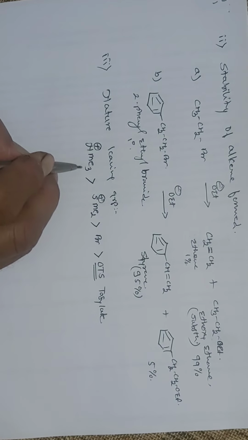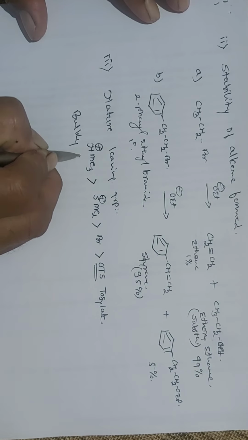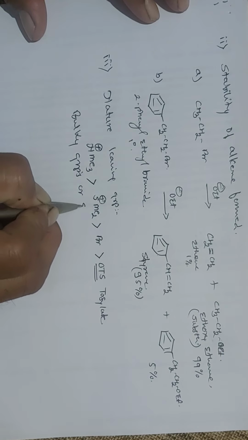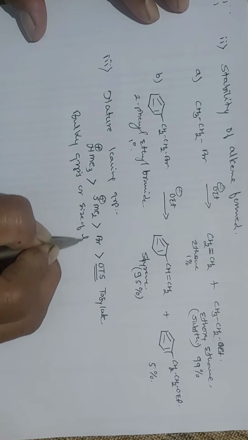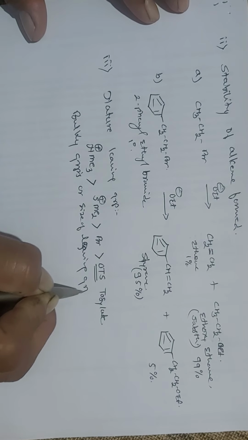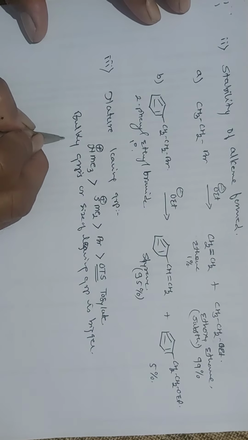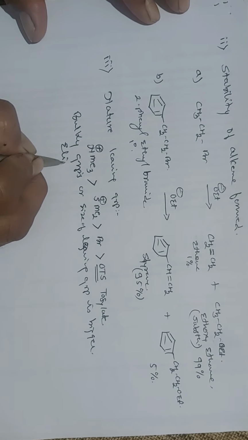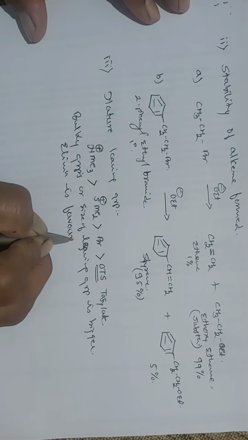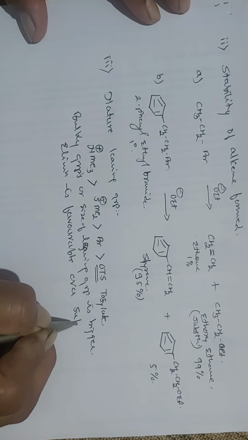Means if the size of the leaving group is bigger, elimination is favorable over substitution.